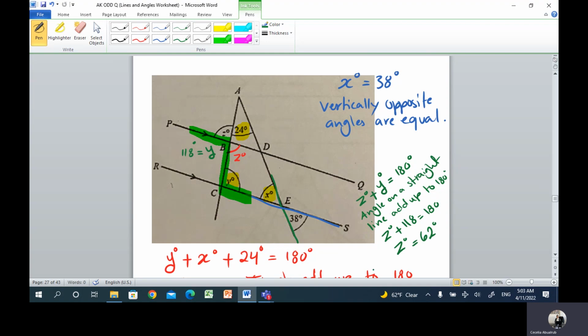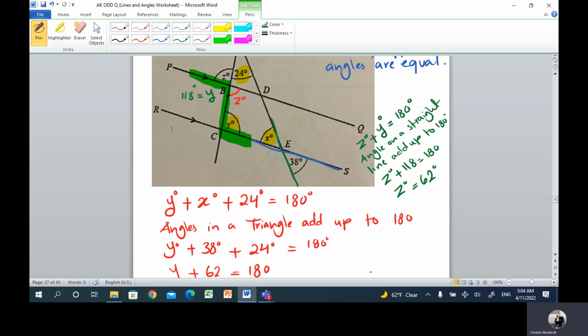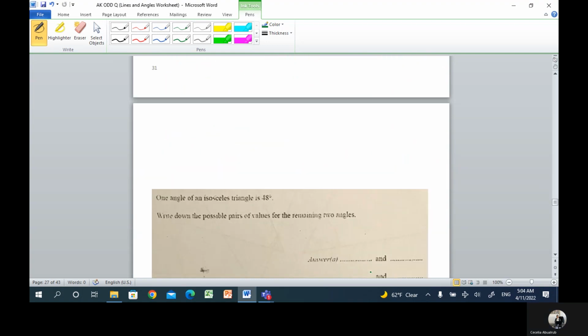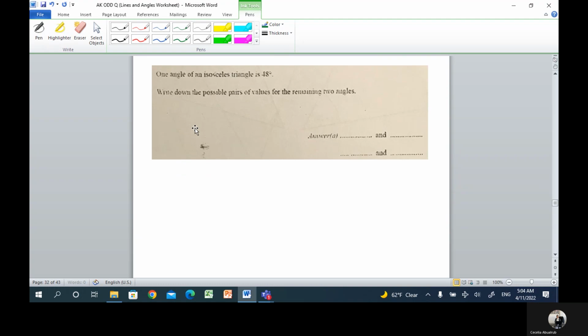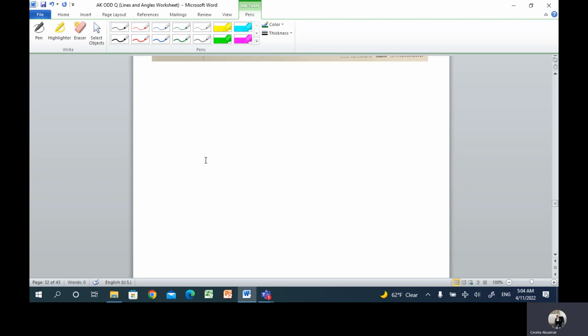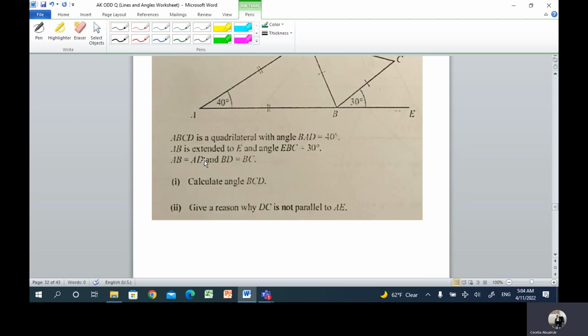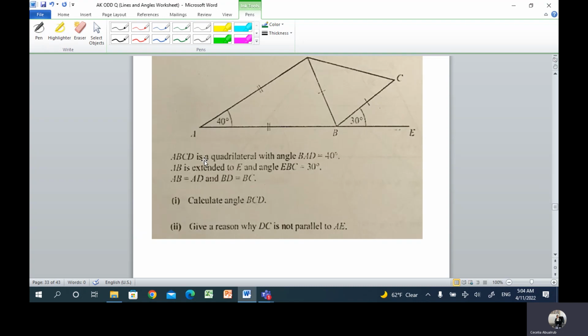Accordingly, we found all angles x, y, and z. Okay. All right. Let's skip 32 and let's move to 33.